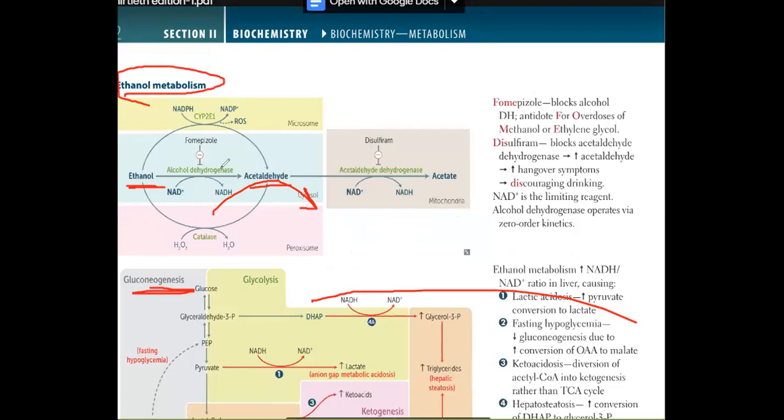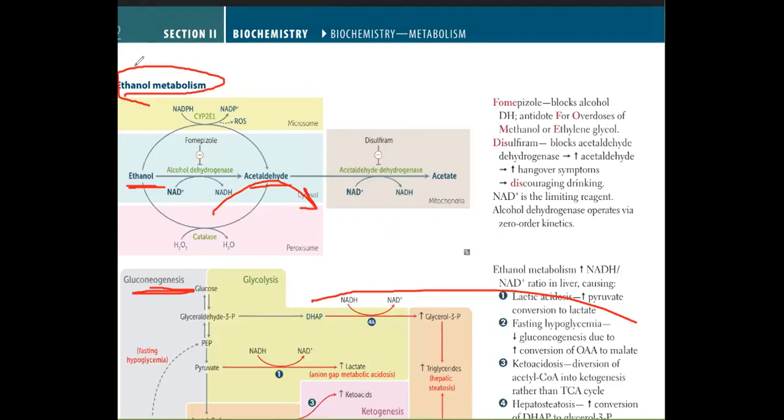Because if you do not have this ethanol metabolism going on in your body, you will have hangover symptoms. For example, there are people who drink alcohol a lot, because ethanol is an alcohol.